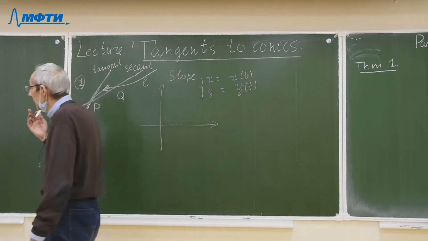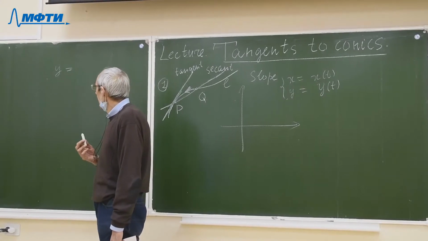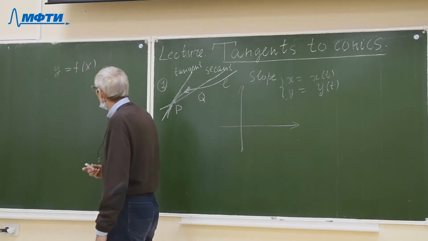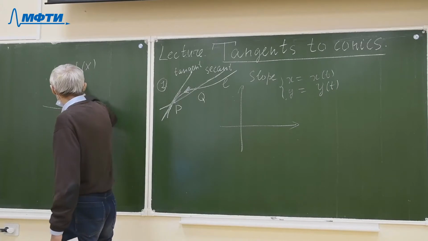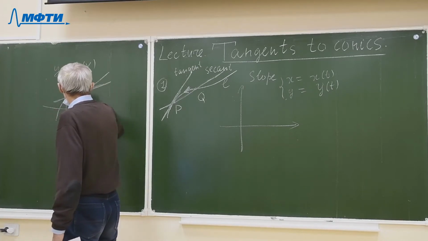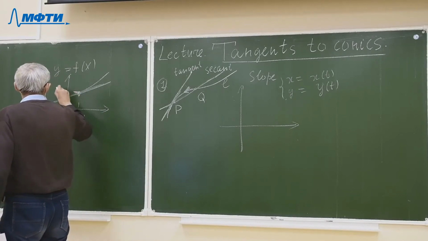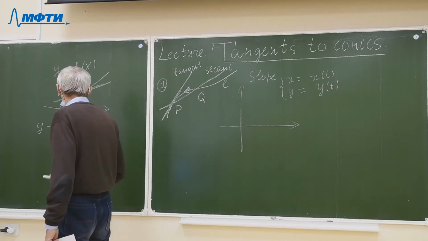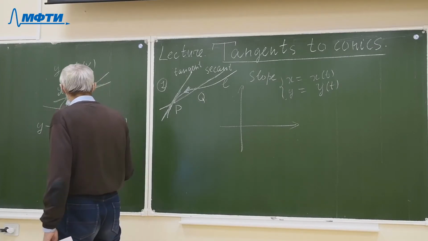From a school course it is well known that if our curve is a graph of the function y equals f of x, in this case the tangent is defined by the following equation: y minus y0 is equal to the derivative f prime at the point x0 times x minus x0.